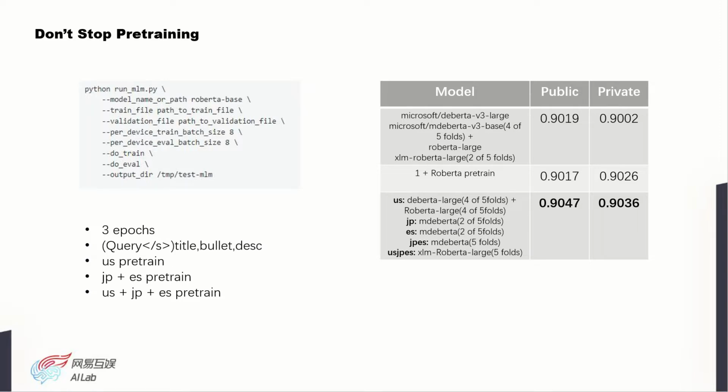The details are shown here. There are 4 DeBERTa Large models and 4 RoBERTa Large models trained on the English dataset, 2 mDeBERTa models trained on the Japanese and Spanish datasets separately, 5 mDeBERTa models trained on the Japanese and Spanish datasets combined, and 5 XLM-RoBERTa Large models trained on all the 3 language datasets.